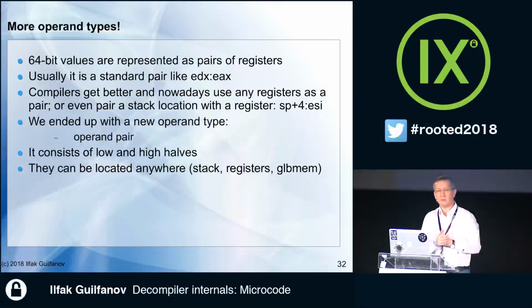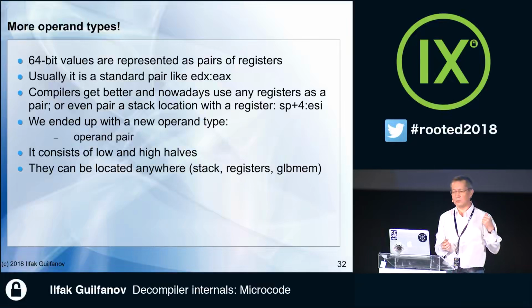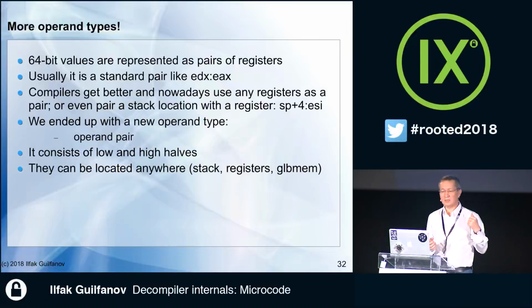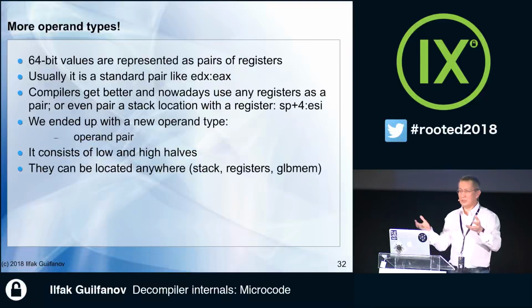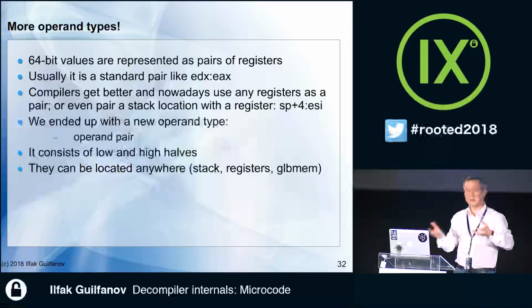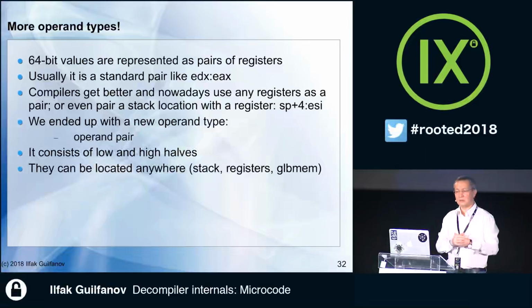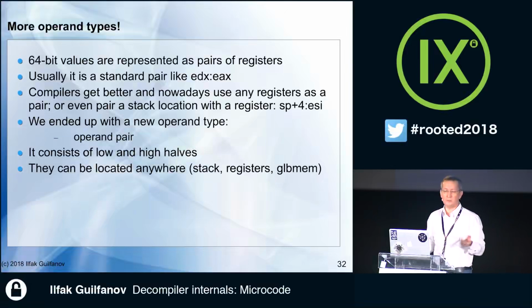But compilers got better over time. If 10 or 20 years ago compilers would never do something bad like this, now we can even see a pair of stack location and register, for example SP+4 and ESI, which can together hold a big 64-bit value. Therefore, we have to represent such values in the microcode, and we ended up with a new operand type.